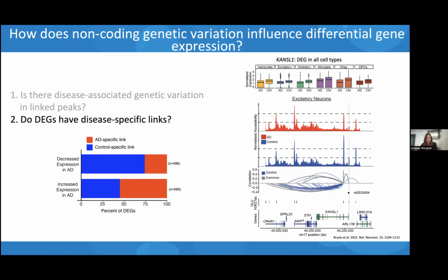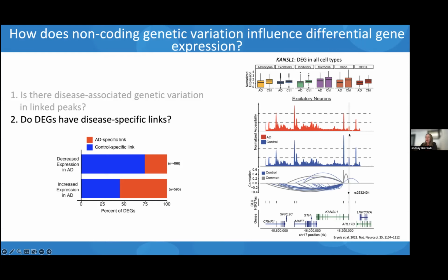they're either picking up new cis-regulatory elements or they are losing control-specific regulatory elements. To the right is an example of a DEG that was downregulated in all cell types in Alzheimer's disease. This is CANCEL1, found in the tau locus. You can see that right here. What we've got plotted are the ATAC-seq signals for the AD samples or the control samples, specifically in excitatory neurons.